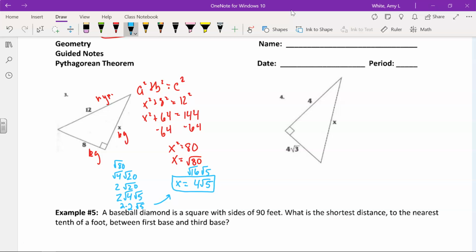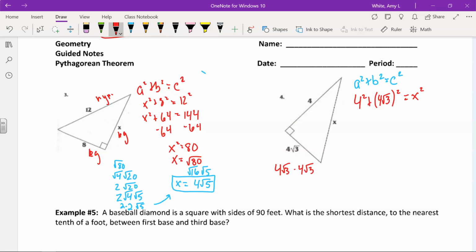So our next problem, if I set up my Pythagorean theorem, I'm going to go back to red over here, and we do 4 squared plus parentheses 4 square root of 3 squared equals x squared. This is super important. You are squaring this entire value. We are doing 4 root 3 times 4 root 3.